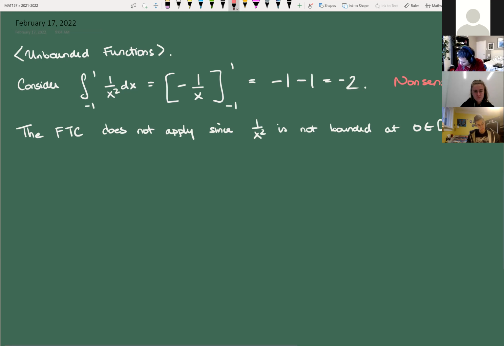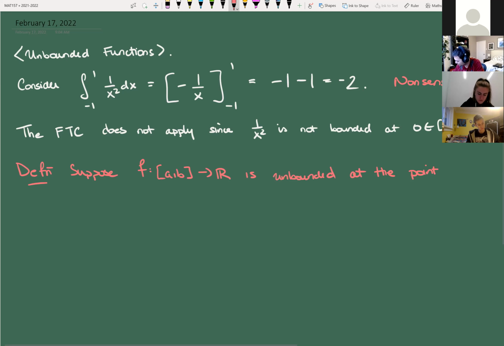So we're going to say, definition. Suppose f maps an interval from A to B, up to measure 0 and all that, and is unbounded at the point A. And again, what do we mean by that?